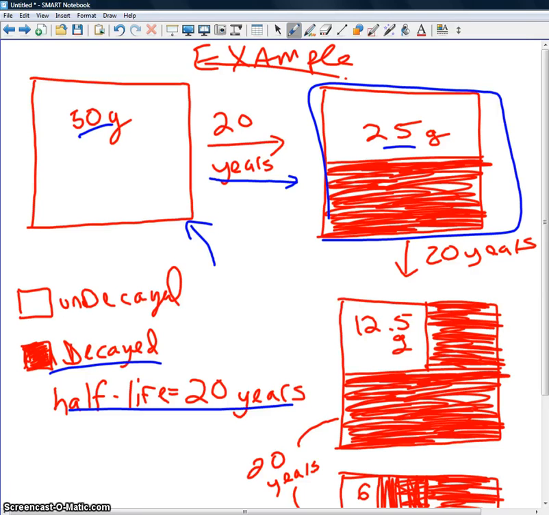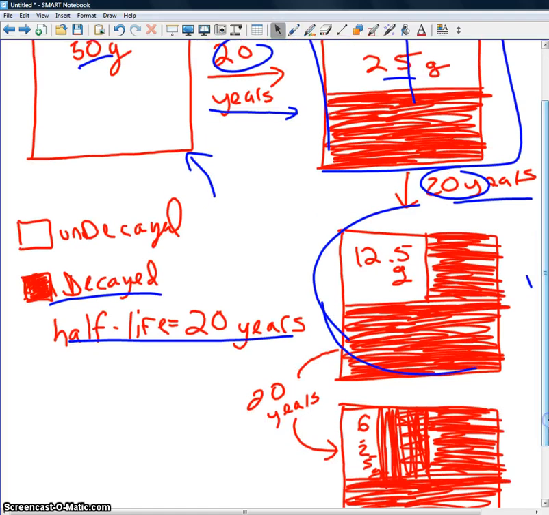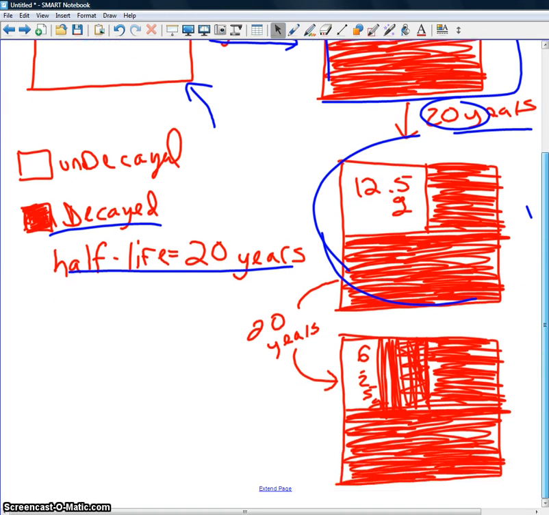So after an additional 20 years, it doesn't all go away. Half of what was remaining goes away, and you're left with this. So now instead of 25 grams, you have 12 and a half. So after a total of 40 years, 20 plus 20, you now have 12 and a half grams. And then if we keep going another half-life, another 20 years, half of those 12 and a half will go away, and you'll be left with 6.25 grams.